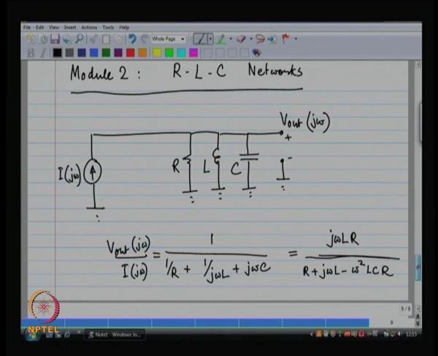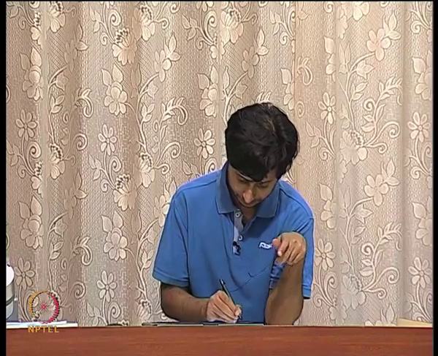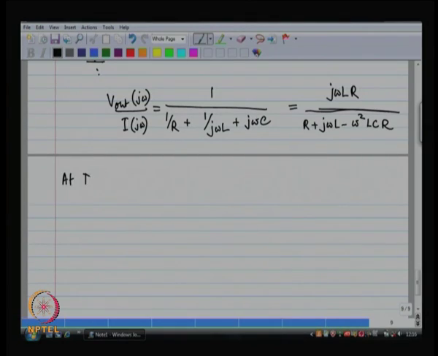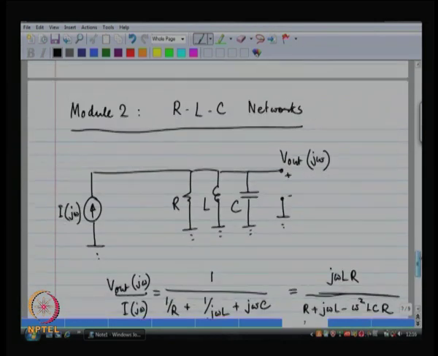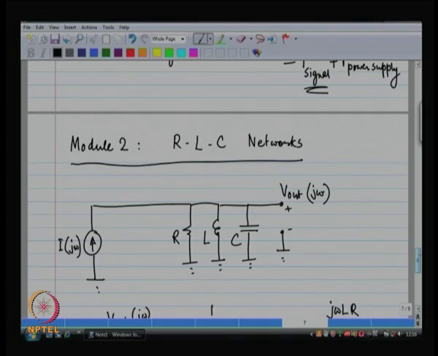At DC, so omega equal to 0, what does our V out by I look like? What does the impedance look like? At omega equal to 0, the inductor is a short circuit.